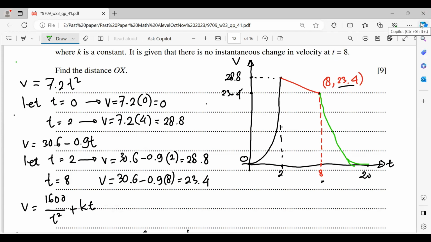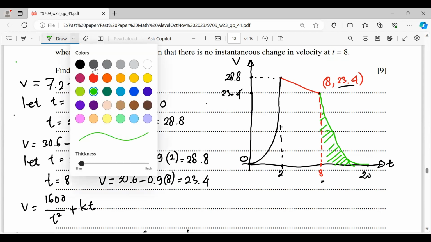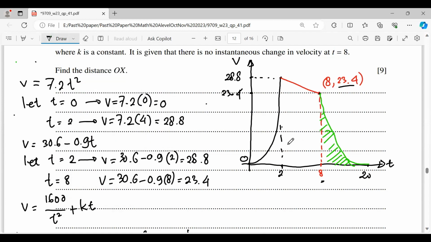Right. So now we are going to find the area. Okay. I will start to calculate this area first.